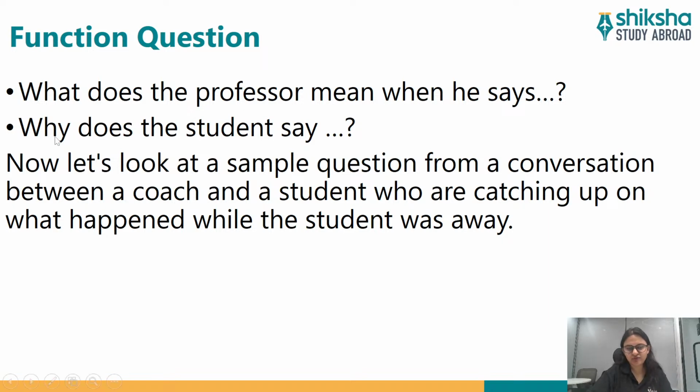Now, the second question might look like this: why does the student say, and so on? So why does the student say, or what does the professor mean? These are two kinds of questions, and either of the two can come. That means either the first one can be asked, or it can be asked in the second form.